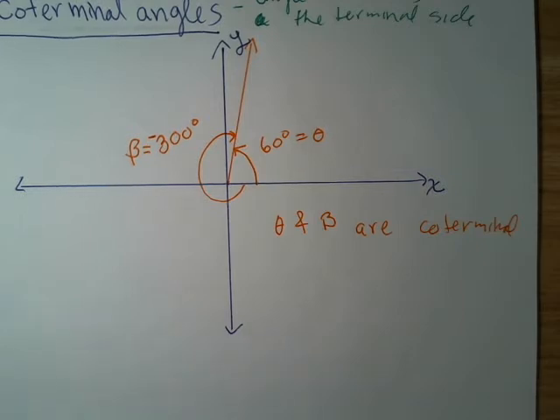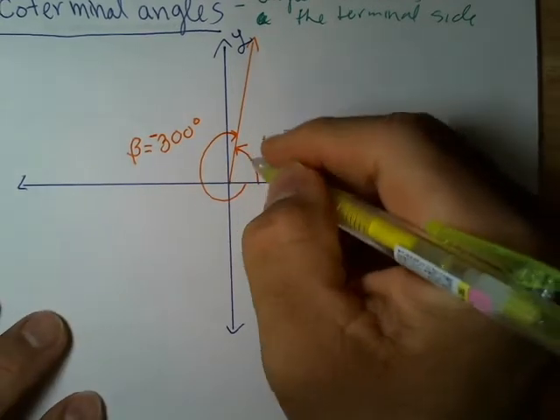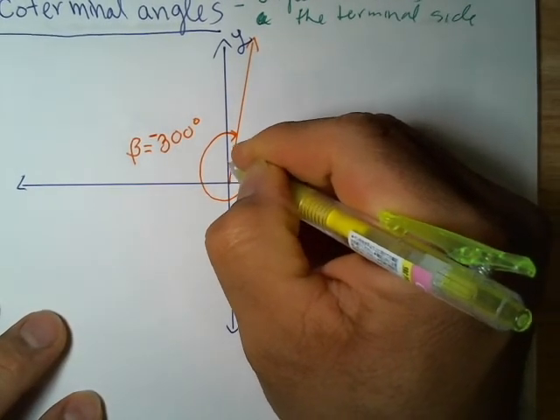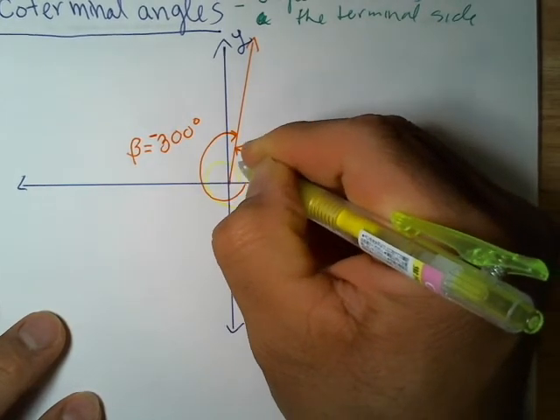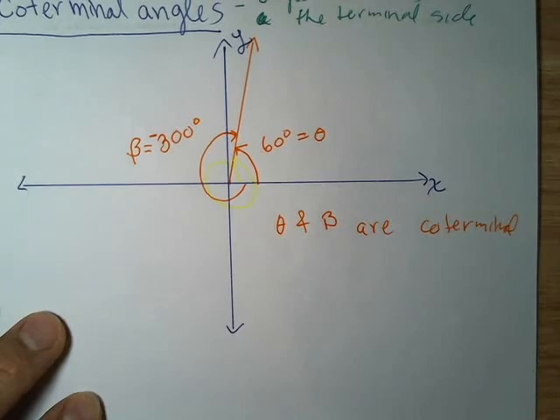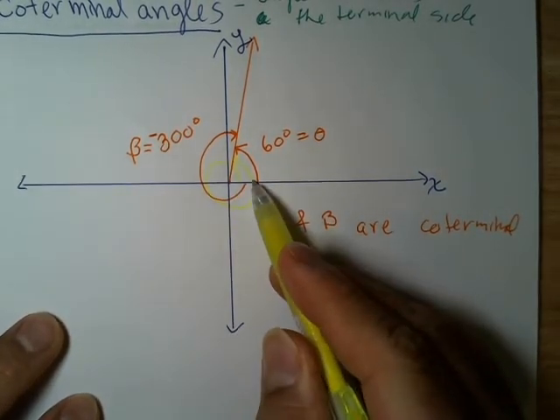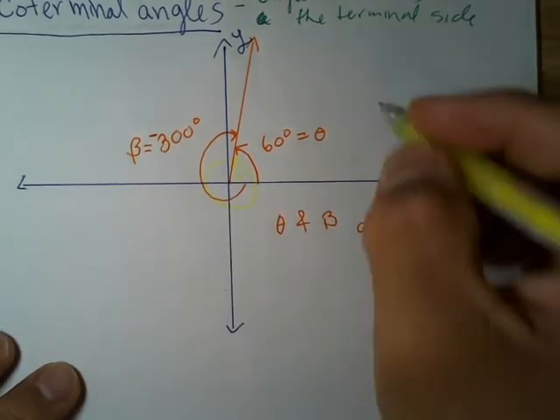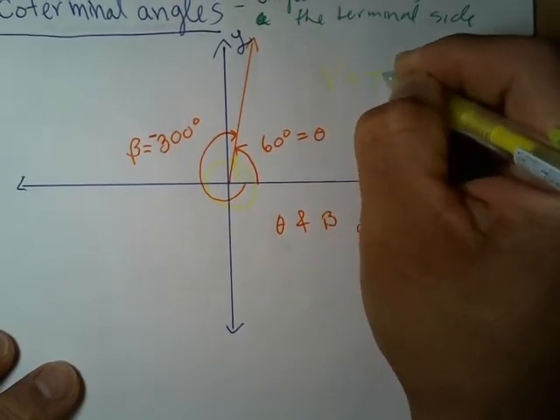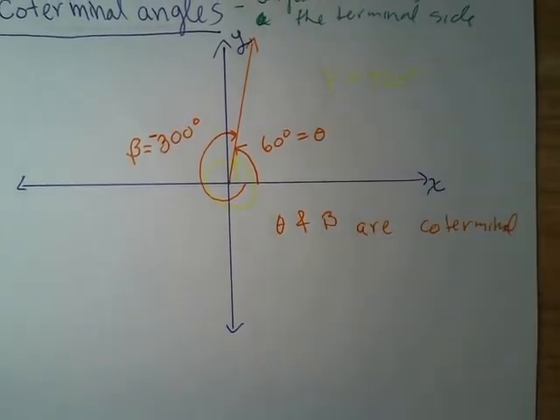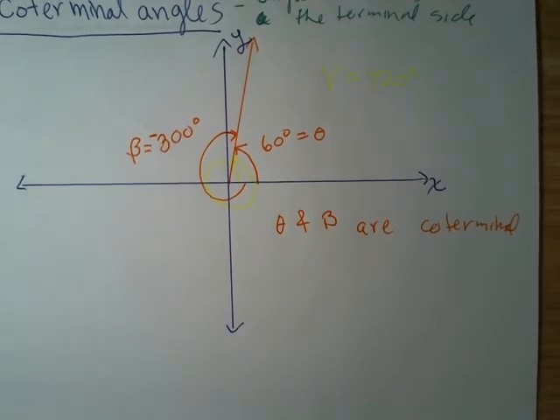Here we found beta at negative 300, but what if I also went around again: 360 and 60 more, that's 420. We'll call that gamma, 420 degrees.